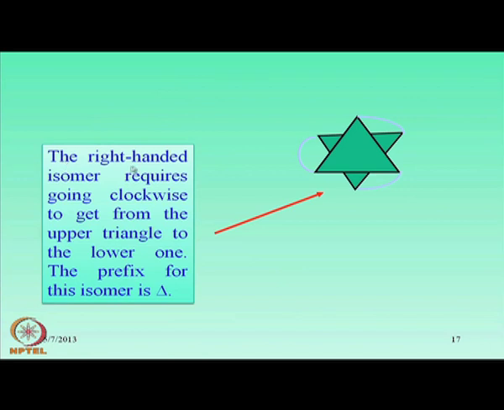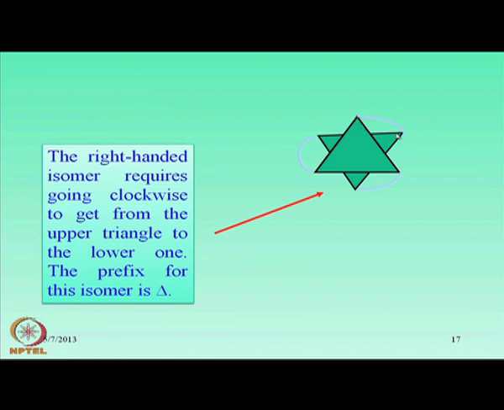We go for a corresponding motion from the top triangular face, and from the top triangular face we move to the next bite, that means the bidentate chelate bite.